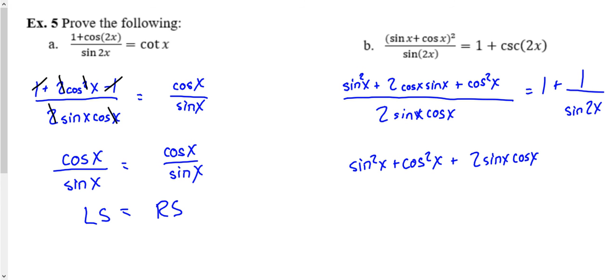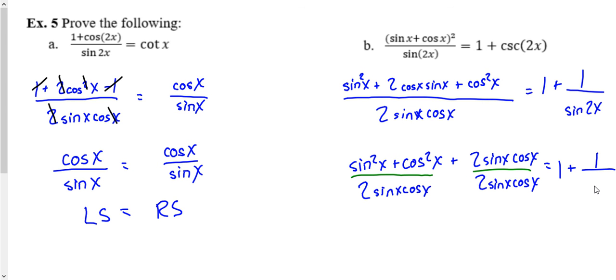And if I wanted to, I can take this apart in an addition statement, so putting them over common denominators. Common denominator here is just 2 sine x cos x, and over here, 2 sine x cos x. And of course, all of that is still equal to our right side, so that's 1 plus 1 over sine 2x.